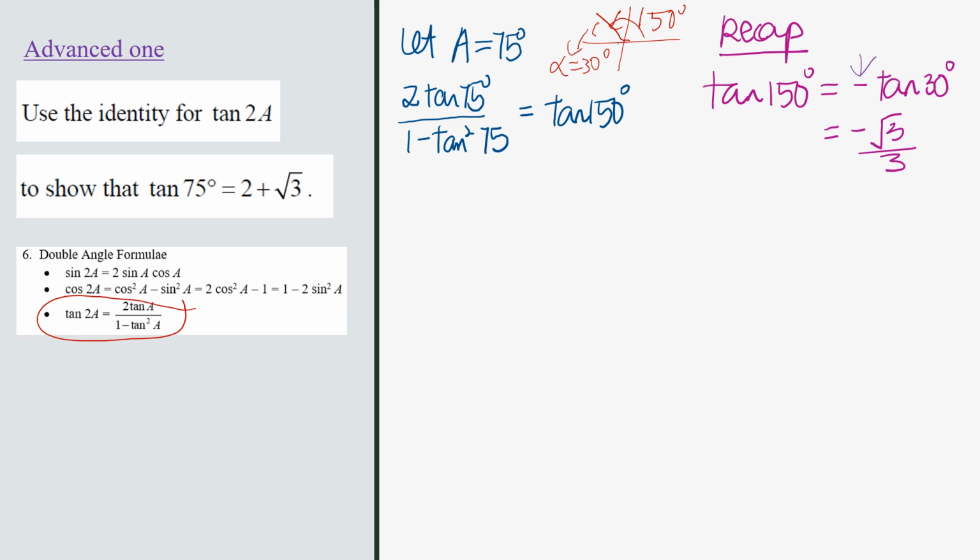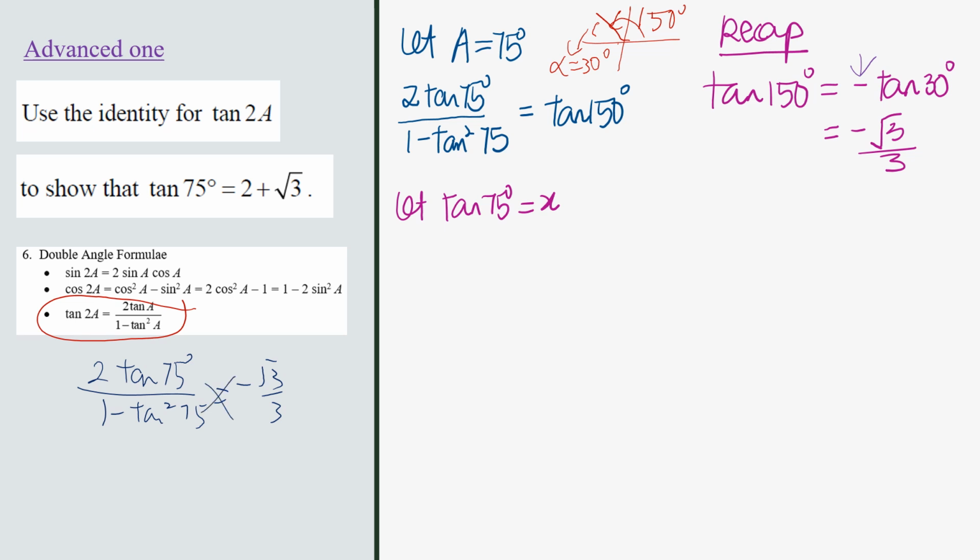So this is an advanced question because you must know how to apply the formula and you must remember your special angles. Then the next thing is, why do I let tangent 75 degrees equal x? Because if you leave it as 2 tangent 75 degrees over 1 minus tangent squared 75 equals negative square root 3 over 3, it's quite a handful to manage when you cross multiply and keep seeing tangent 75.